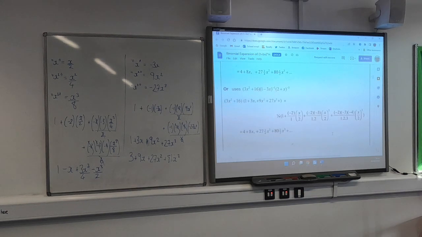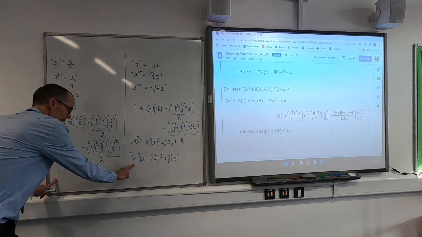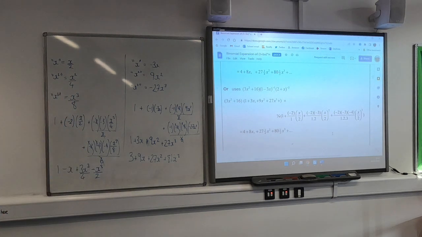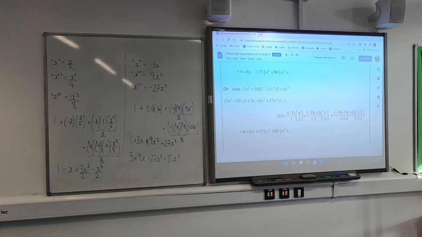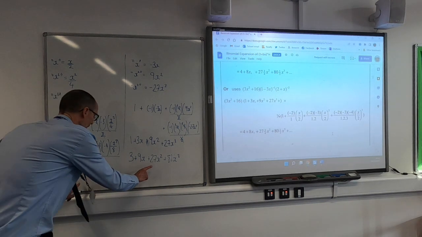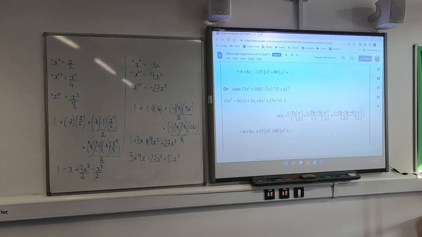Do we end up with 4? Yes, we do. Do we end up with 8x? Yes, we do. Do we end up with 27 3/4 x squared? Yes, we do. And do we end up with 80.5 x cubed? Yes, we do. So there we go.